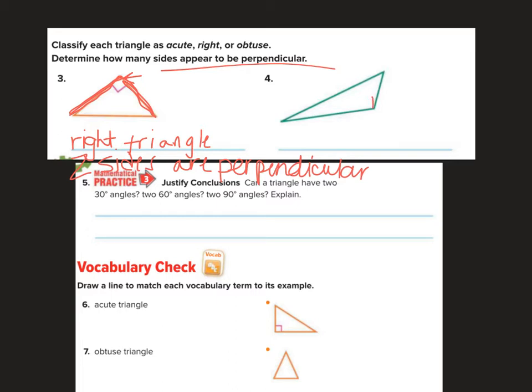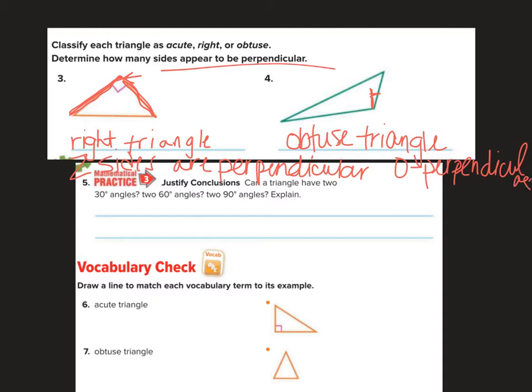This little guy right here, this would be where right is, so it's bigger. This is an obtuse triangle. 0 sides are perpendicular.